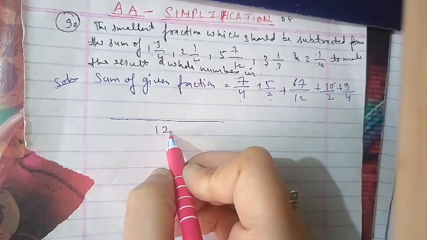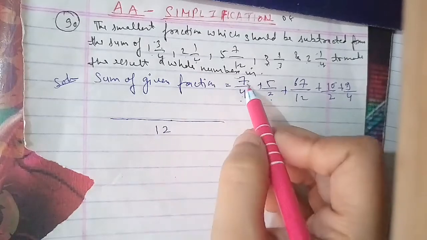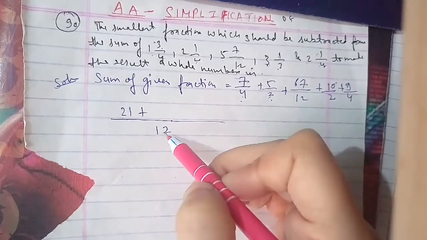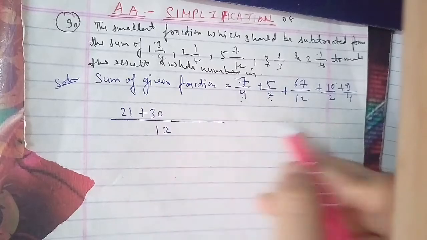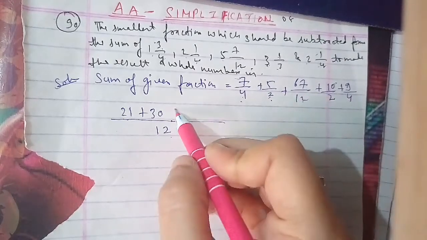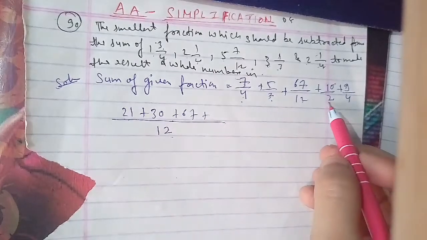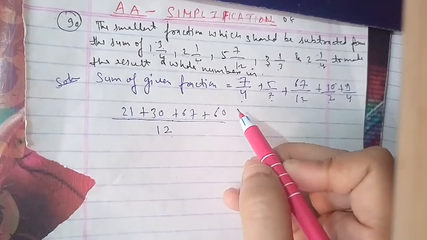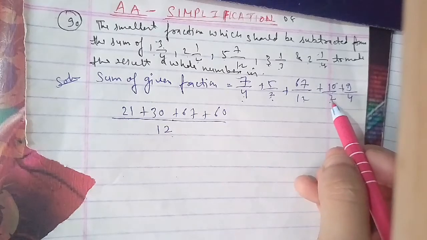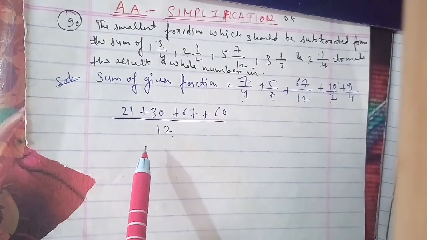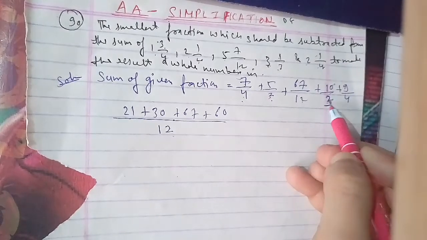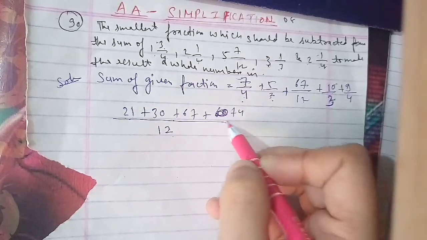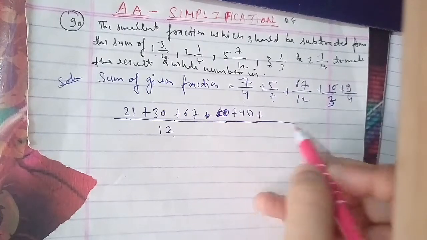In the table of 2, how many times does 12 come? 6 times, so 5 sixes are 30. In the table of 12, 12 comes 1 time, so 67 ones are 67. Then 10 by 3: 12 comes 4 times, and 10 fours are 40. Plus 9 by 4: 12 comes 3 times, so 3 nines are 27. 40 and 27.